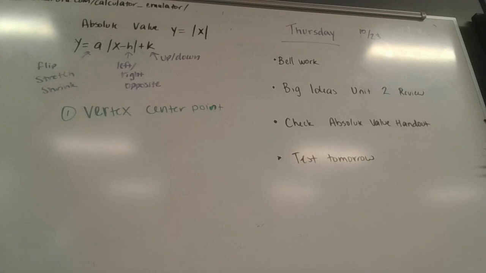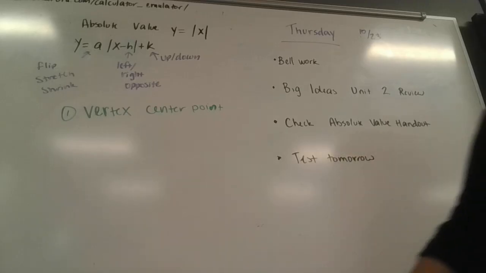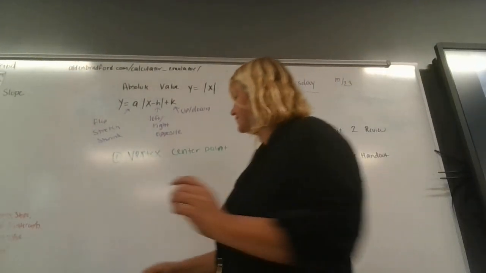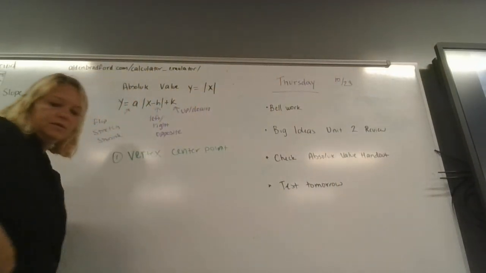All right, I got people. This ordered pair right here is -4, 2. So seeing where the vertex is helps you identify the transformations from the center.